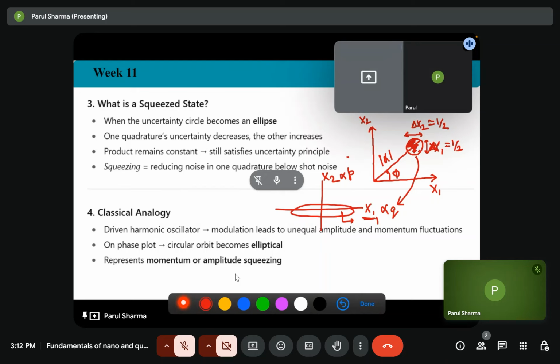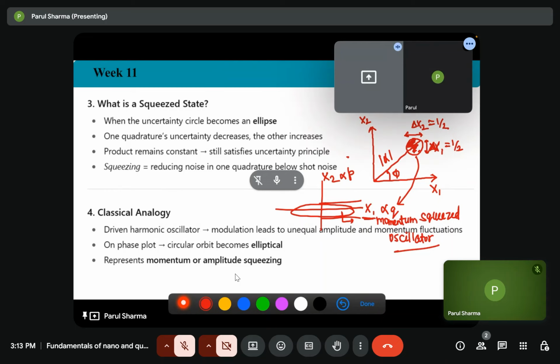This is momentum squeezed oscillation. That is, one quadrature's uncertainty decreases while the other quadrature increases.